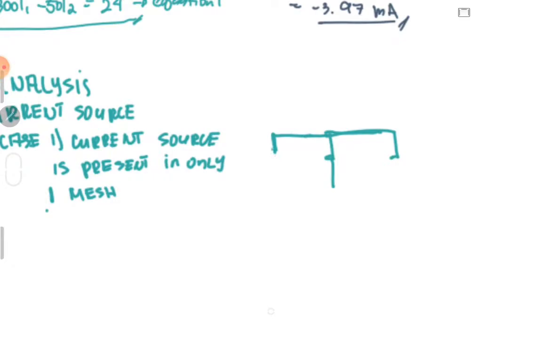If you have two meshes, let's say this is your mesh 1 and mesh 2. So if you are talking about your mesh 1, your current source is within this part. Which means that the current source is present only in mesh 1, and the current source is also present only in mesh 2.